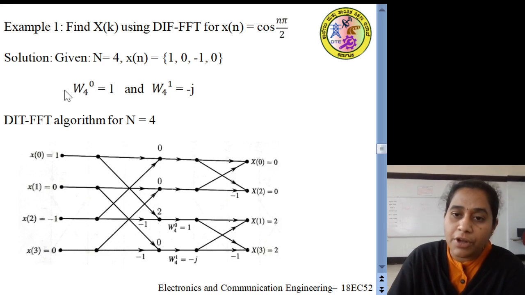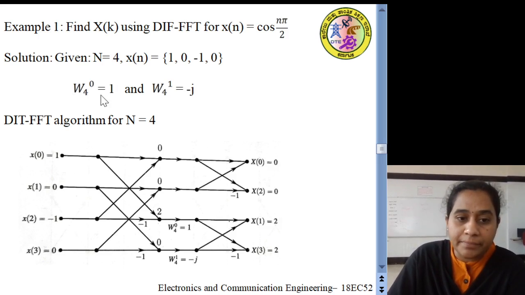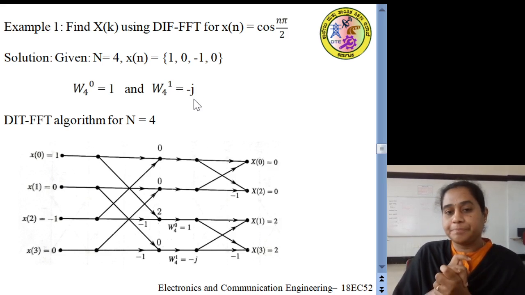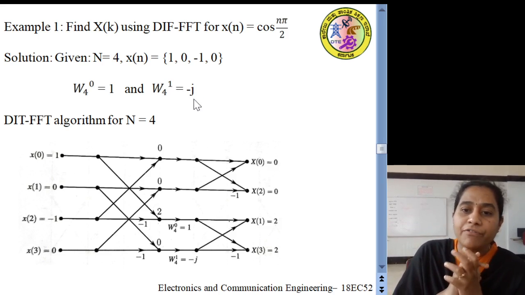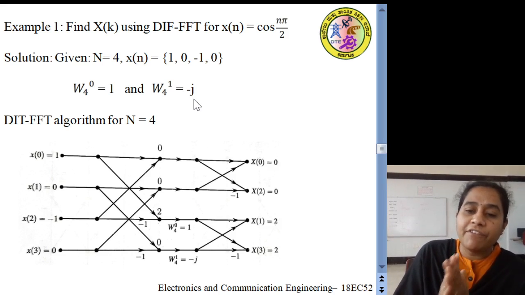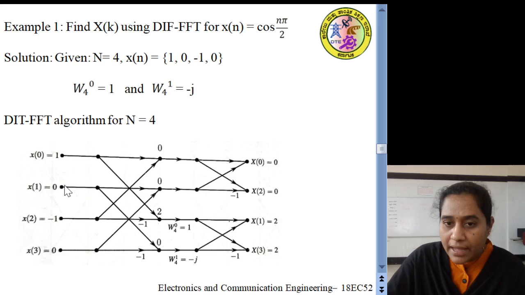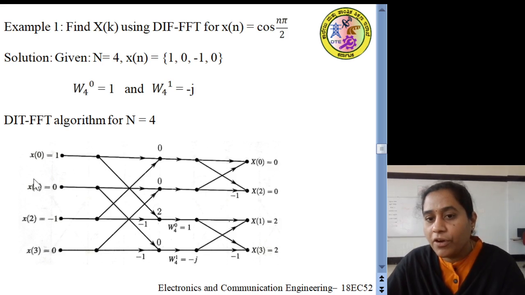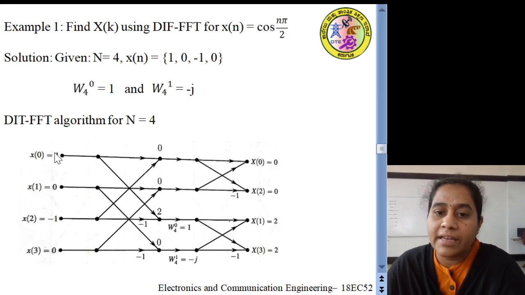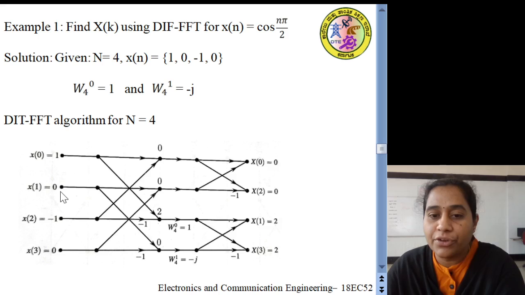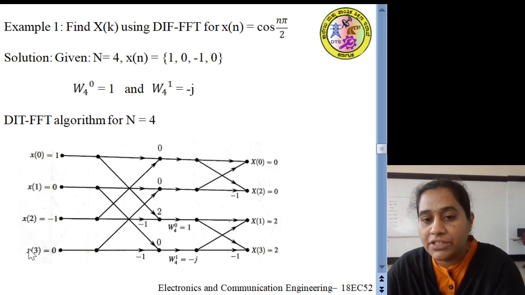If you substitute the powers, you obtain W4 to the power of 0 as 1 and W4 to the power of 1 as minus j. Now, for N equal to 4, the DIF FFT algorithm flow graph can be written like this. We take the input in natural order: x of 0 is 1, x of 1 is 0, x of 2 is minus 1, x of 3 is 0.